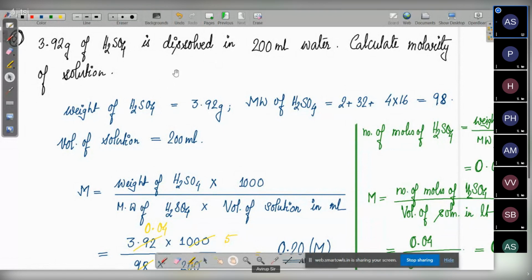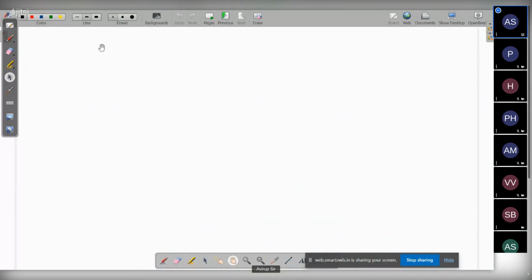0.92 grams of H2SO4 is dissolved in 200 grams of alcohol. So now we have to find out the molarity. Let us take an arbitrary sum, just a random sum we are considering.